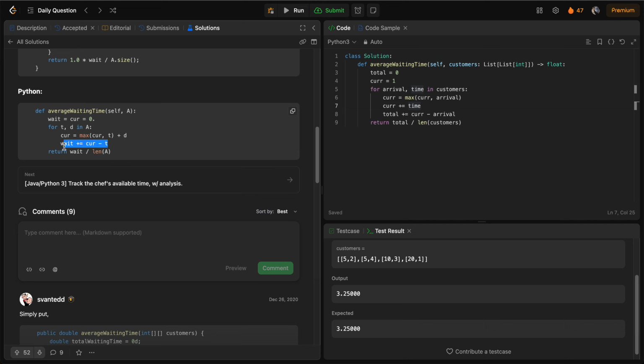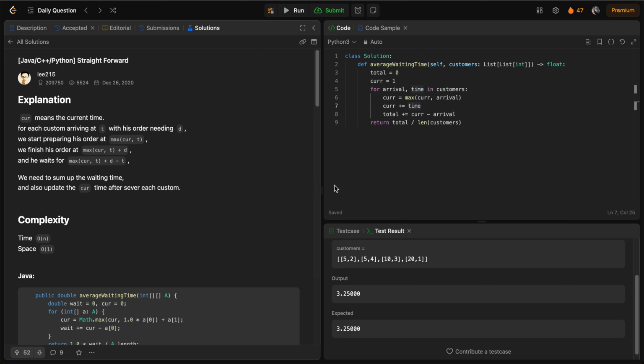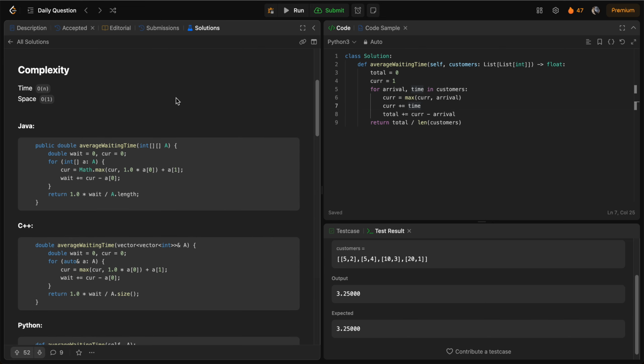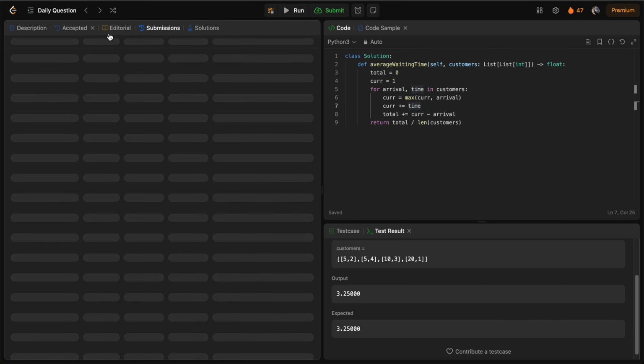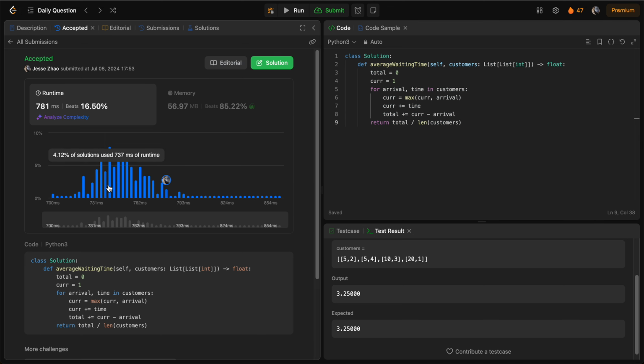So wait plus equals cur minus t. I mean, yeah, it looks pretty much the exact same, except he uses his shorter syntax. But this should be a very valid solution, even though it was unfortunately only better than 16% of all solutions.